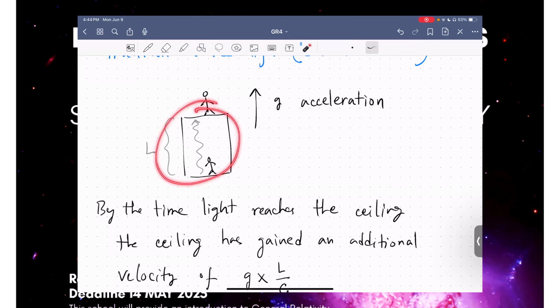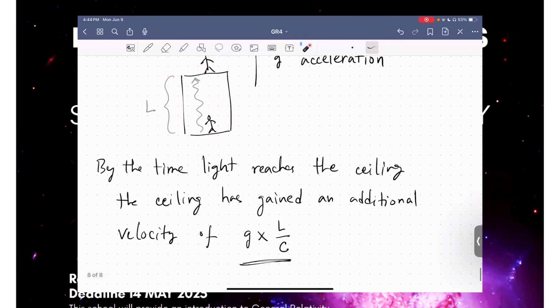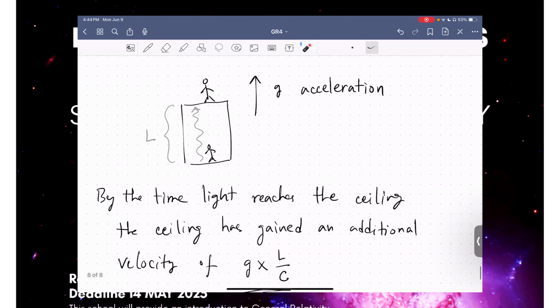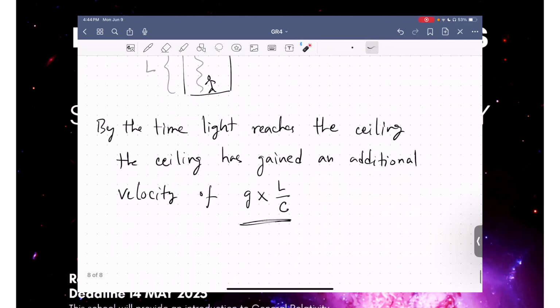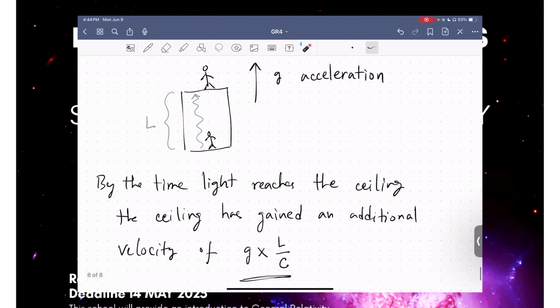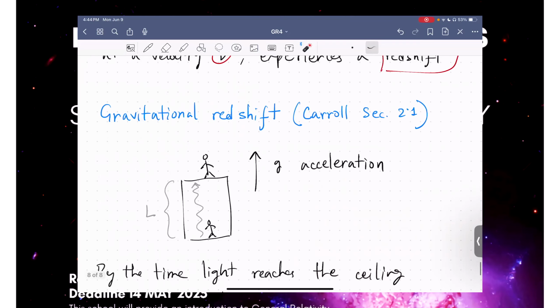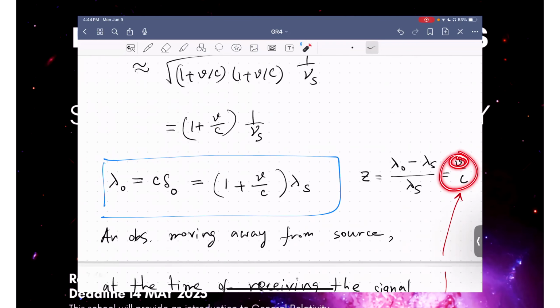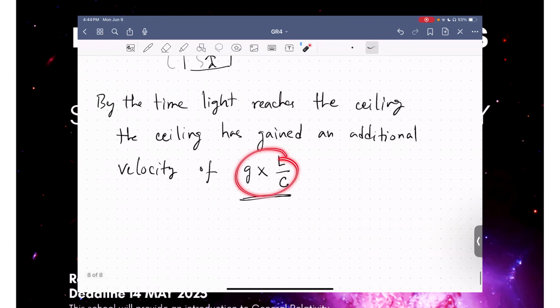And there comes the relative velocity, because the light is observed after a time L over c, and in this time, the observer has gained a velocity of this amount. So you can simply say that there is going to be a redshift when this observer measures the wavelength or the frequency of the light, given by this formula where v is simply this.